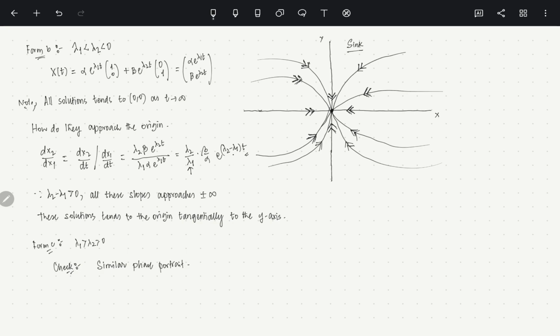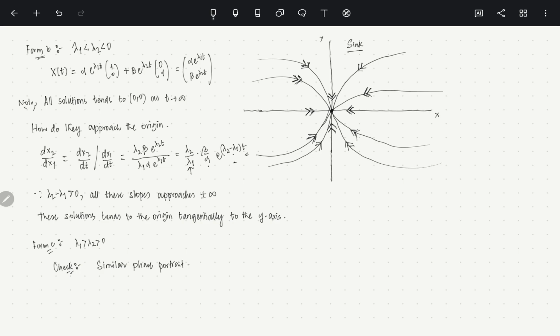Whatever we did for the sink case, the same sort of thing works. But in that case, lambda 1 and lambda 2 are positive, so this particular thing will be positive depending on beta and alpha. This is exactly the same sort of thing, so the phase portrait trajectories will look similar. Nothing changes.